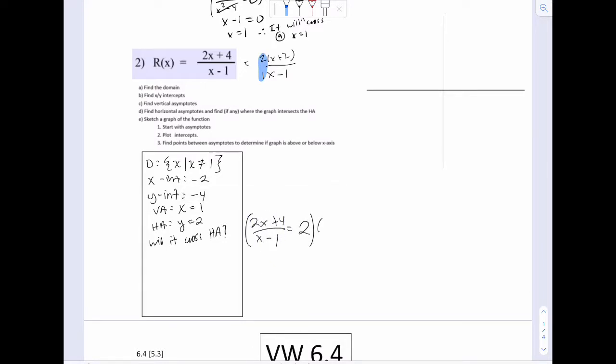Let's multiply everything by x minus 1. So 2x plus 4 is equal to 2x minus 2. Notice those cancel. You get 4 equals -2, which clearly is impossible. Therefore, this will not cross your HA. So I'll put no cross.